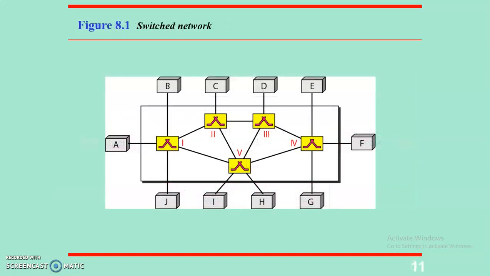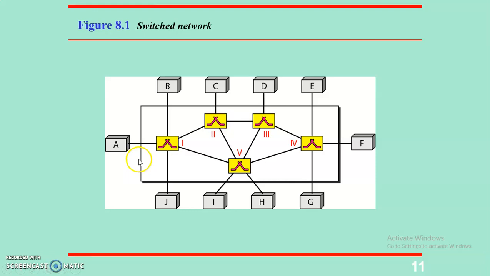Here is an example figure of a switched network. We have our devices A, B, C, D, E, J, I, H, G and F, and they are connected with 5 switches.